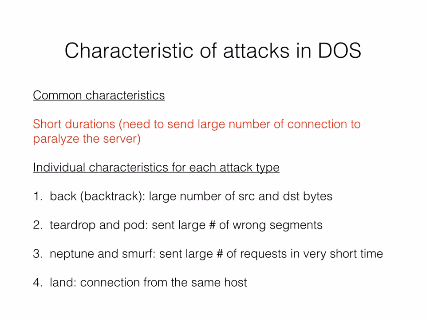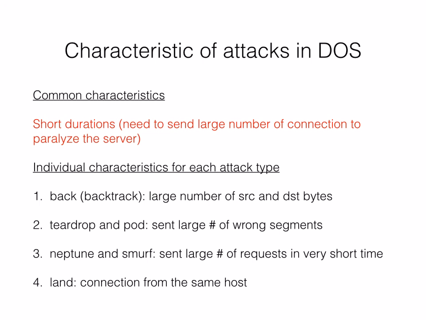For DOS, the common characteristic is that it has very short durations. This makes sense, because DOS is trying to send a lot of requests in a very short time, to paralyze or break down your server, and that's the reason for the short durations. And each attack event also has a special attack type.